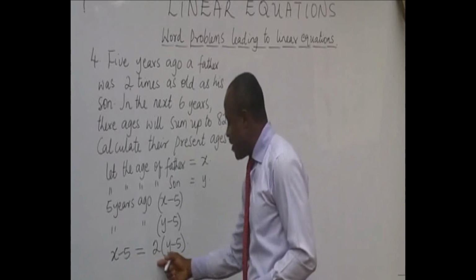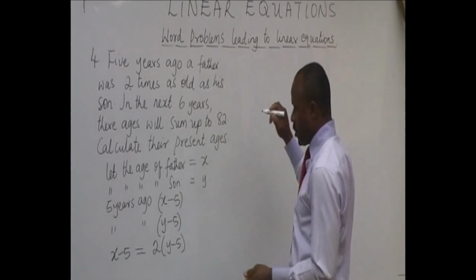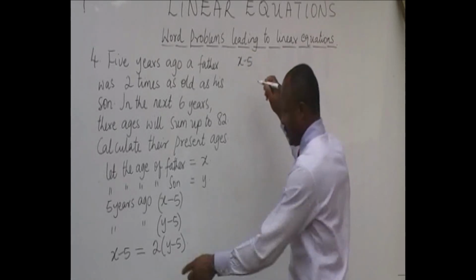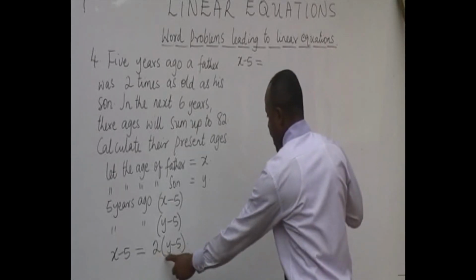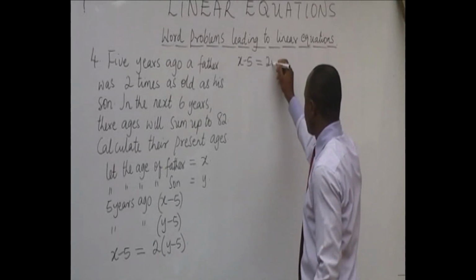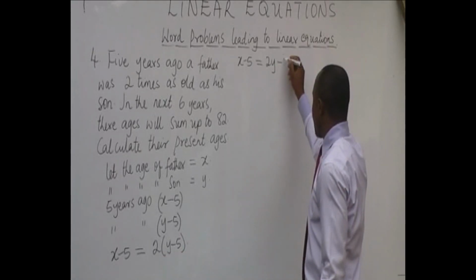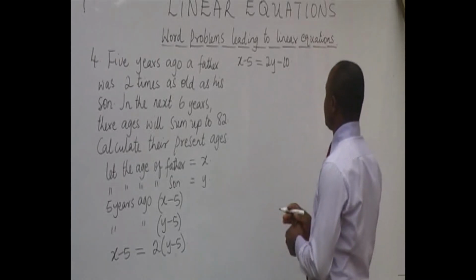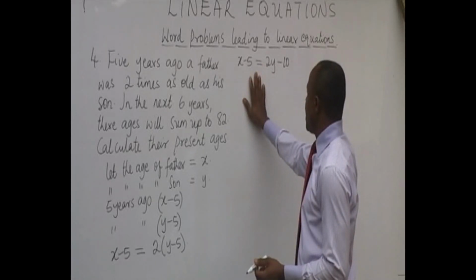From here, we can derive our equation 1. The equation is going to be X minus 5 is equal to, open the bracket, 2 times Y will give you 2Y, 2 times minus 5 will give you minus 10. Try to make this a linear equation.